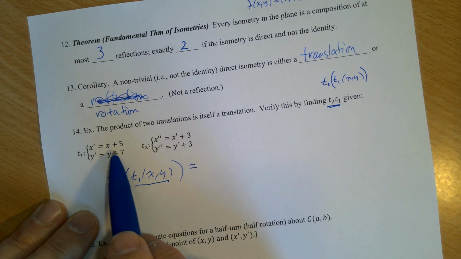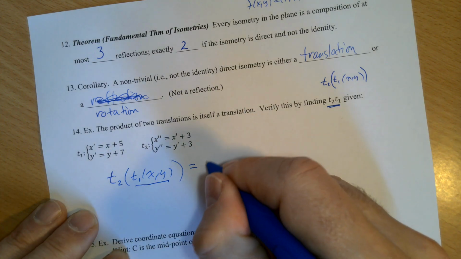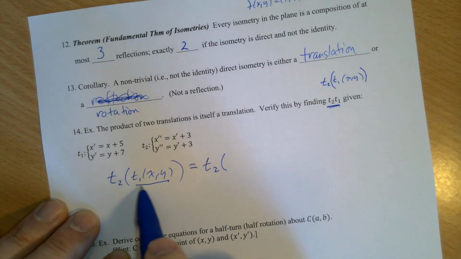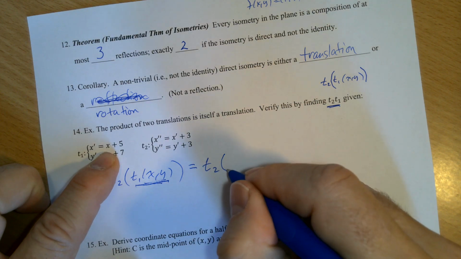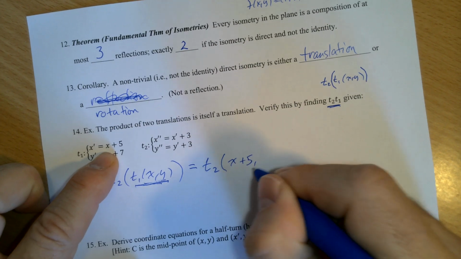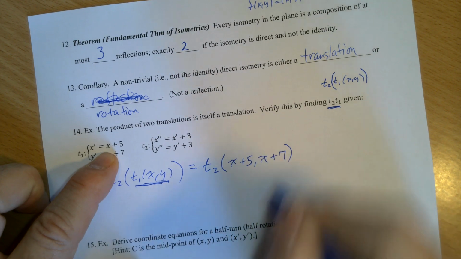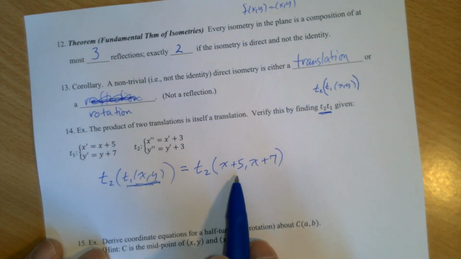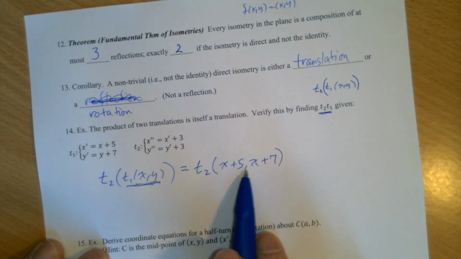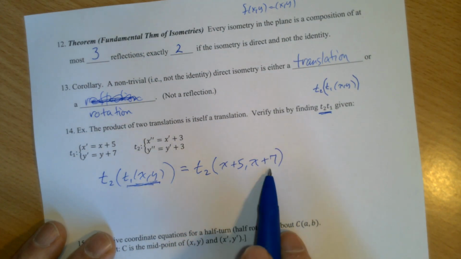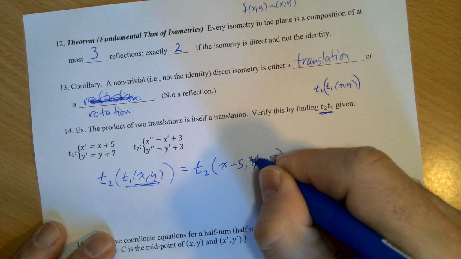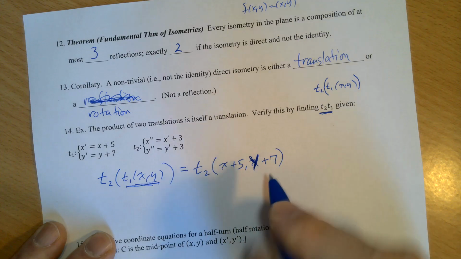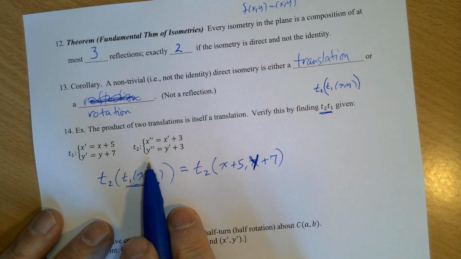You simply take x and add 5 to it. So this that I'm underlining is going to give me an ordered pair, x plus 5, y plus 7. And now I just need to apply T2 to it.